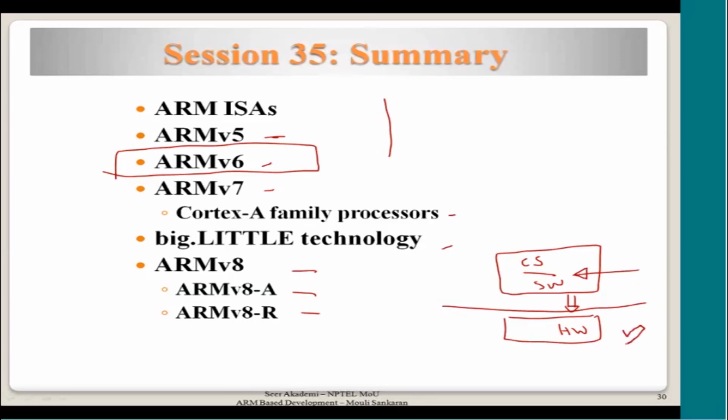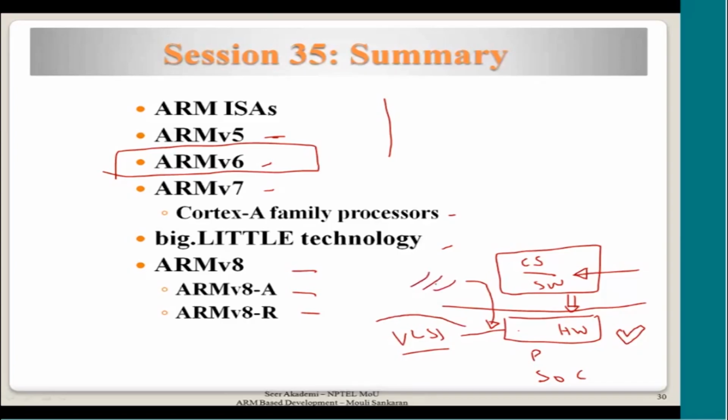In the sense, you may not be a good VLSI designer, but you should know processor architecture, how it behaves, why it behaves the way it does, so that you will be able to exploit the support provided by the architect. Similarly, if you are in the VLSI area and you are designing a big processor or a SoC, you may wonder that my area is hardware, so why should I bother about this word?